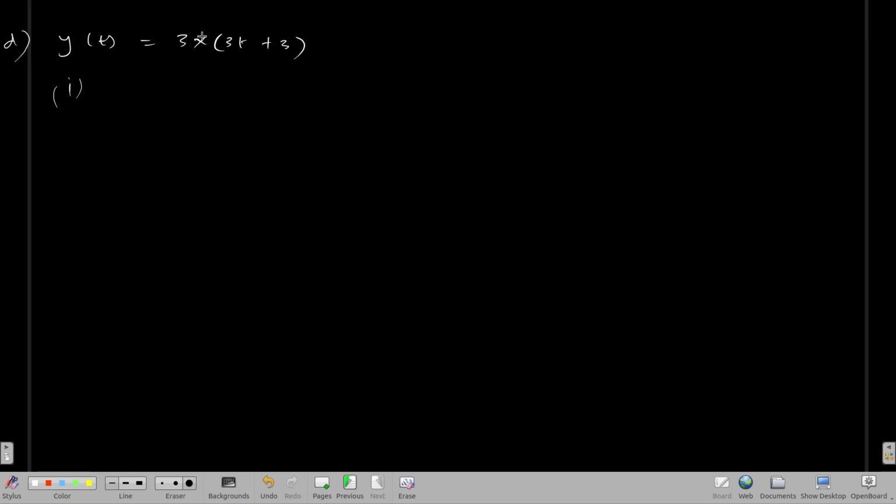The input is just being shifted and time scaled a little bit, and that is it. So the response will be linear. There is no non-linear term, so it is linear.